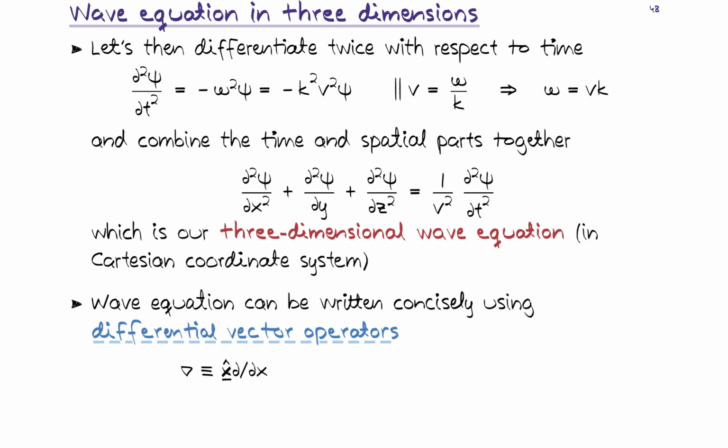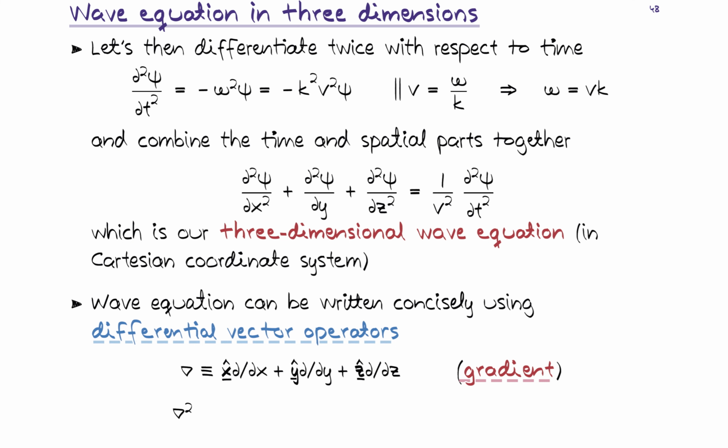So this is the x component of my gradient, and then I have my y component of the gradient, which is the partial derivative with respect to the y coordinate, and then I have my z component, and that's the partial derivative with respect to the z coordinate. So this is my gradient operator, and this is a vector valued operator. So really, please note that we have vectors here. It's not a scalar operator, but it's a vector operator.